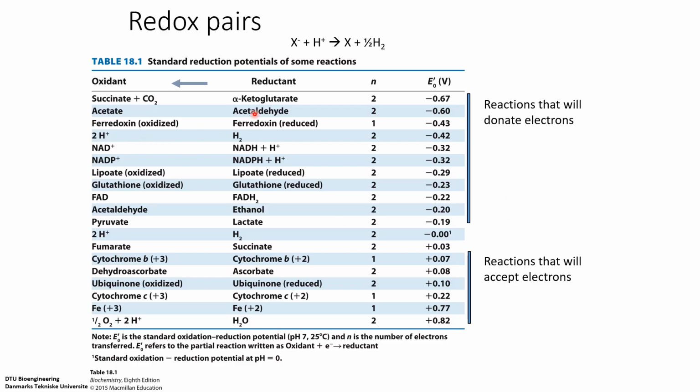If we go from the reductant to the oxidant, then we donate electrons, whereas down here, it's an acceptance of electrons. So we will be focused on this pair and the FADH2 pair. So basically acceptors in the beginning and donors later on.